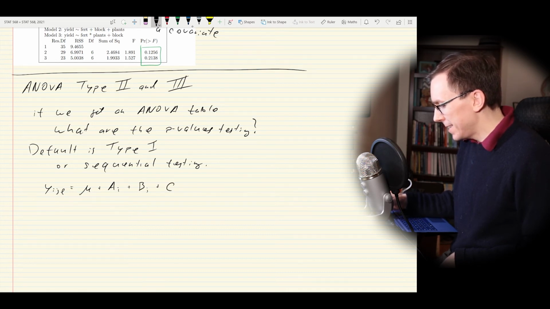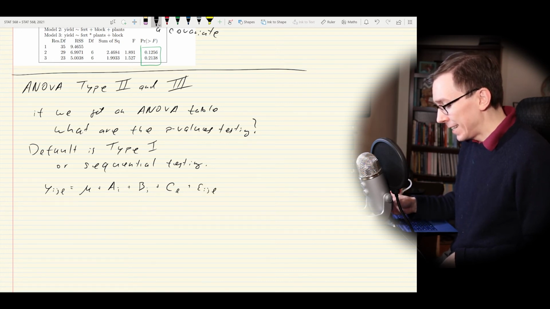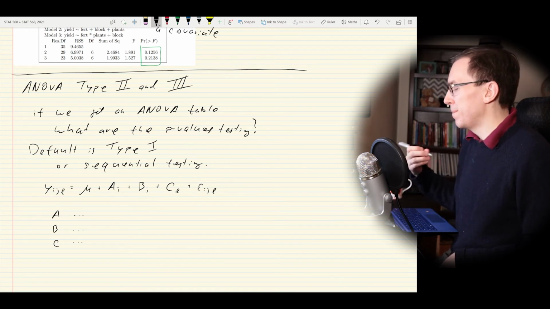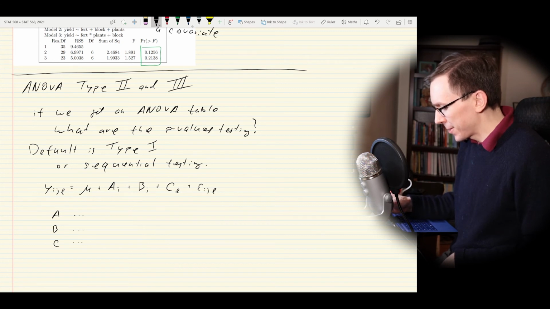A, B, and C are going to be my factors. So if I just type this into R, I'm going to get an ANOVA table that's going to look like A, B, C, and then there's going to be sums of squares, degrees of freedom, etc. And then there's going to be p-values. P-value A, p-value B, p-value C.